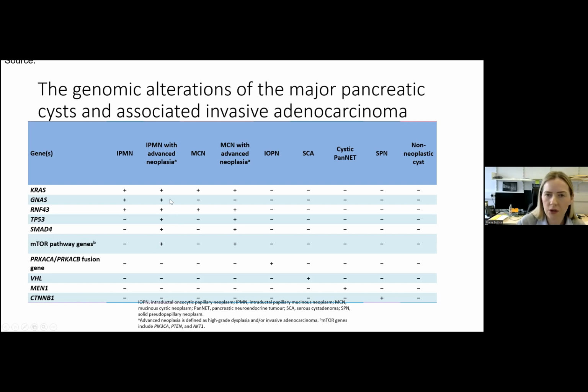It's important to also consider that obviously with the molecular, we are using it as an adjunct to our cytological assessment. So it's not taken in isolation, and it's actually the combination of all the features that allows you to give a precise diagnosis. Okay, the other thing I wanted to show you is that we have various other mutations such as TP53 and SMAD4, which is a tumor suppressor gene, and that's often lost in up to 55% of malignancies.